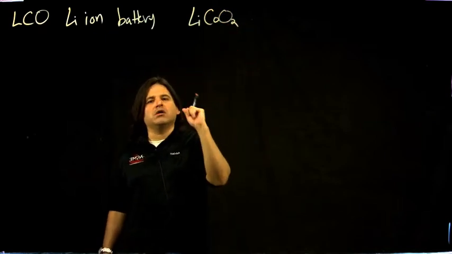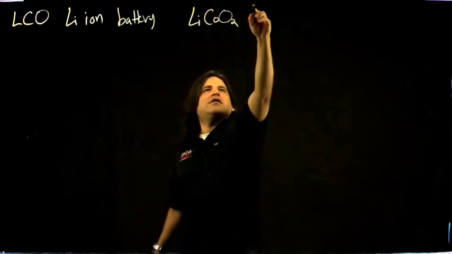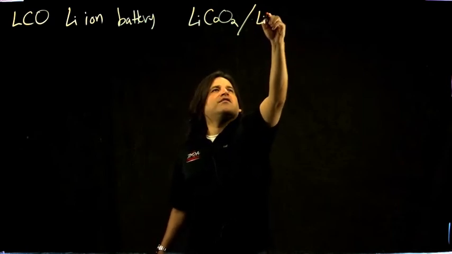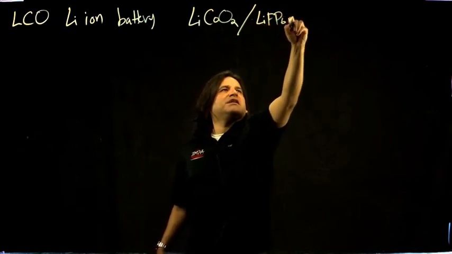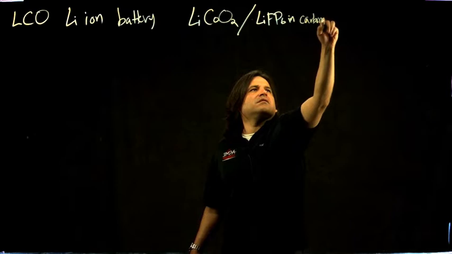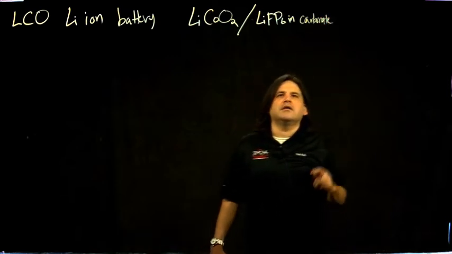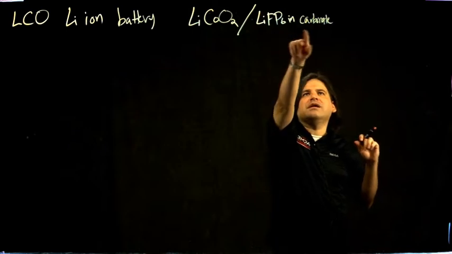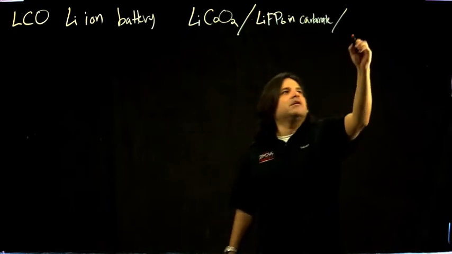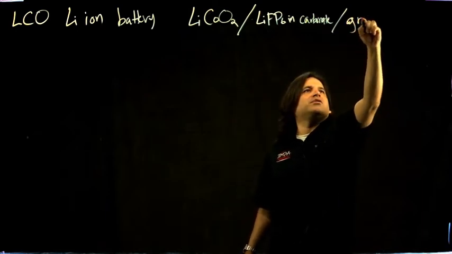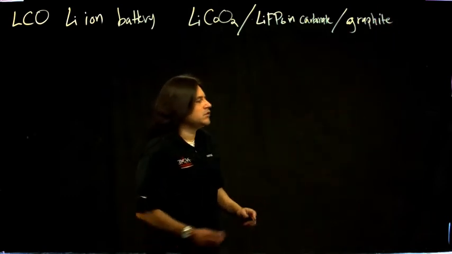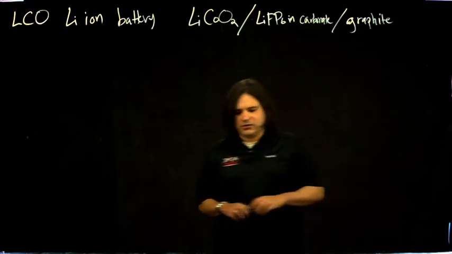It's a lithium cobalt oxide crystal. Then you have a dash for the electrolyte. That is LiPF6 in carbonate. That's a general way to write that. You dissolve this powder in some organic solvent, and that's your electrolyte. And then the anode is graphite. So that's the battery we're going to talk about just to begin.